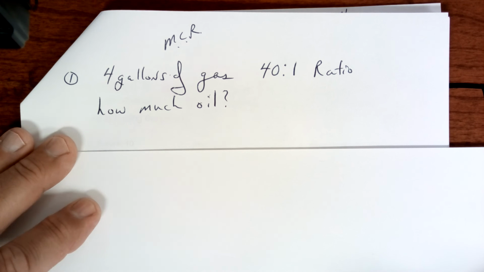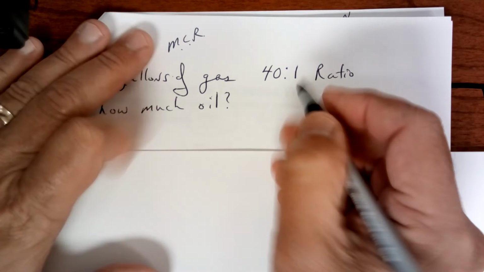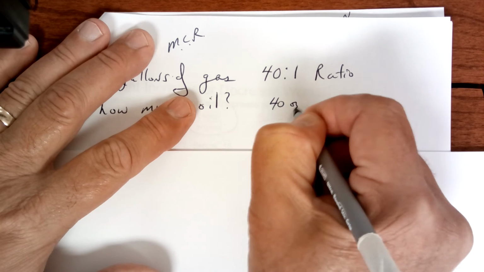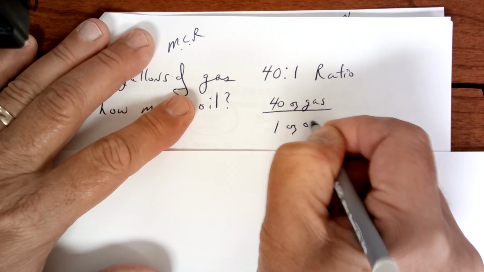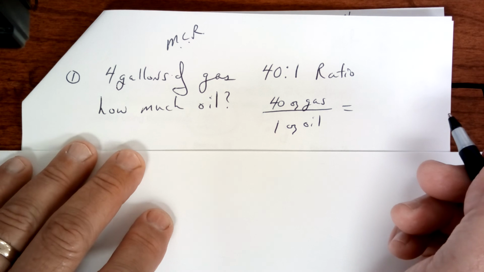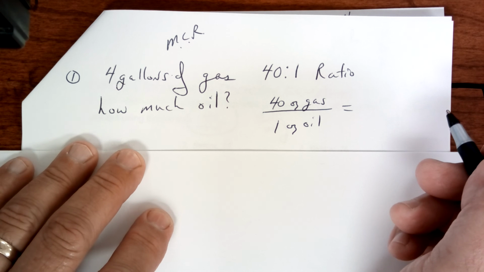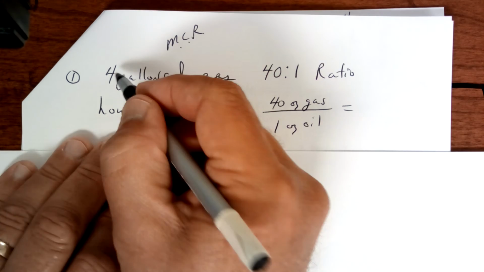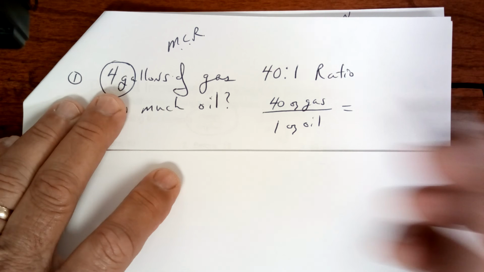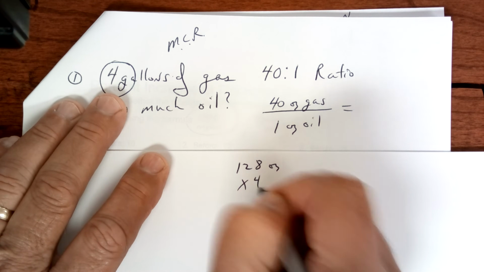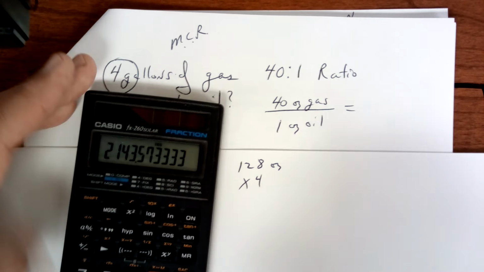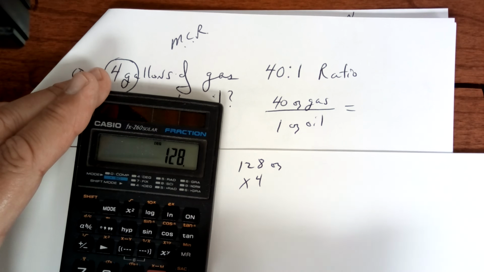Okay, so if it's 40 to 1, it's 40 ounces of gas for every 1 ounce of oil. That's the mixture, okay? And you have a 4-gallon gas can. And every gallon is 128 ounces. So you're going to multiply by 4. So 128 times 4, press equals.